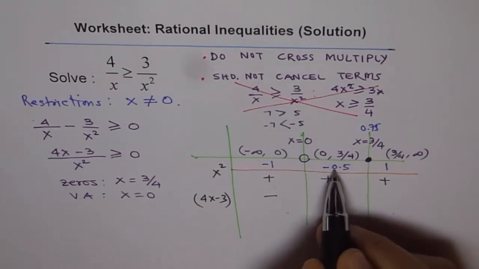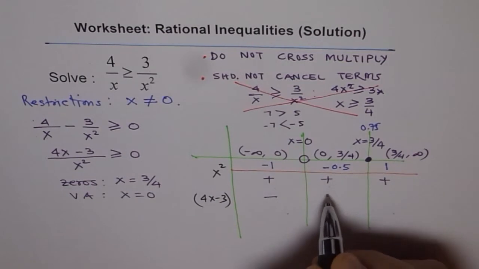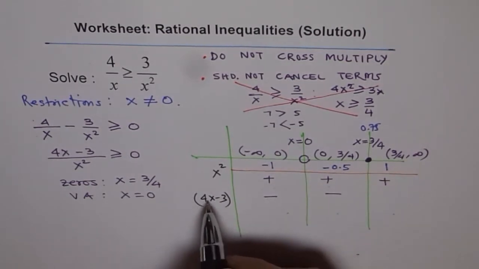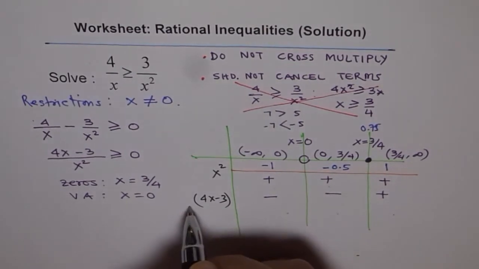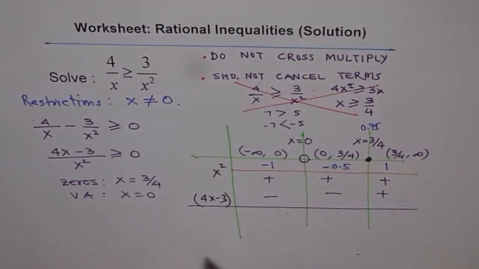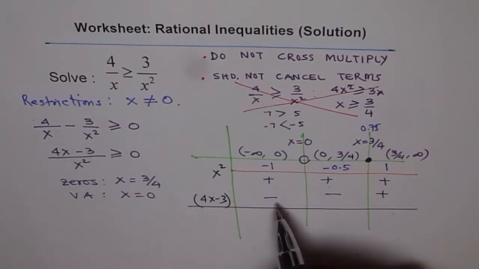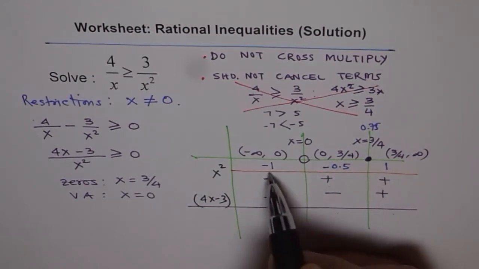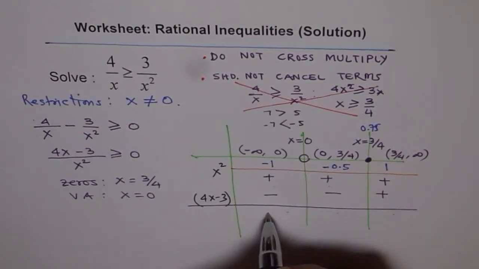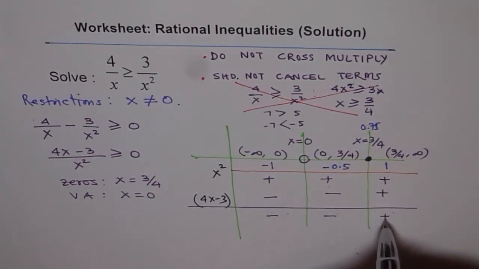If I put negative 0.5, that is half of this, it becomes negative still. But if I put 1 here, 4 minus 3 is positive, correct? So I get positive. Now, division is as good as multiplication, right? So if I do this divided by this, then these 2 are different signs. Since these 2 are different signs, we will get negative here and negative here. But this is positive, so we'll get a positive here.